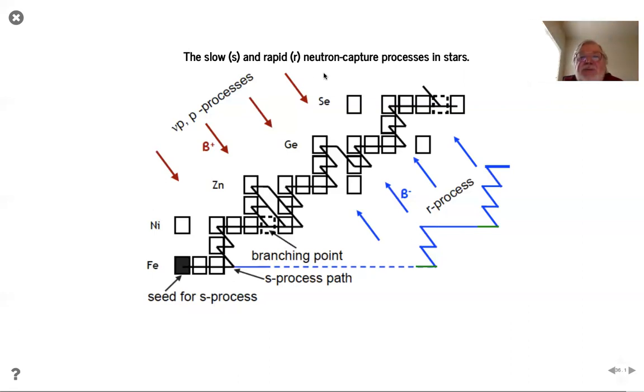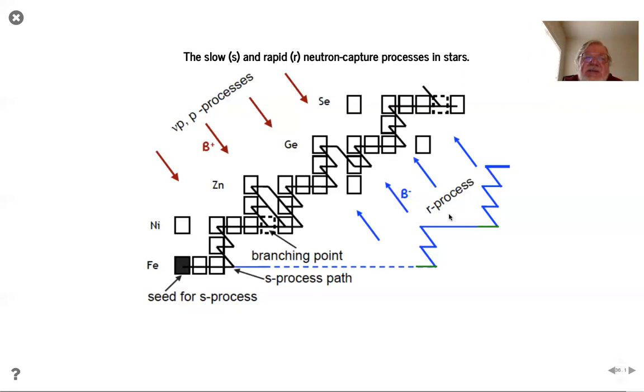There is also the rapid process of neutron capture, called the r-process. The s-process and r-process differ by the neutron density, the number of neutrons per cubic centimeter. For the s-process, the number density of neutrons is between 10^7 and 10^10 to 10^11 neutrons per cubic centimeter. Because the number of neutrons is small, the neutron capture process is cut at the first unstable nuclei.